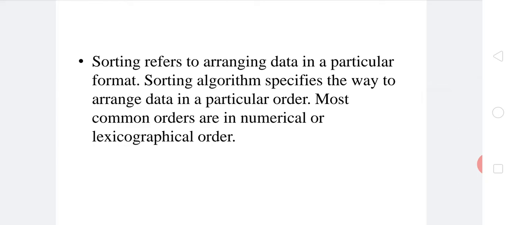Sorting refers to arranging data in a particular format. A sorting algorithm specifies the way to arrange the data in a particular order. The most common orders are numerical or lexicographical order.